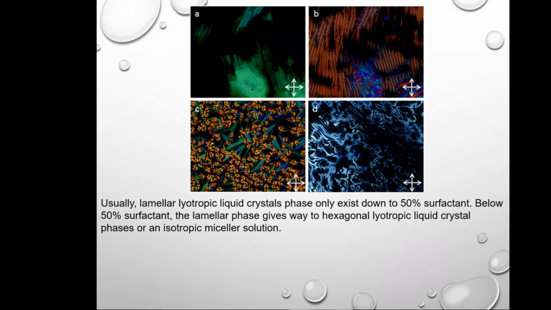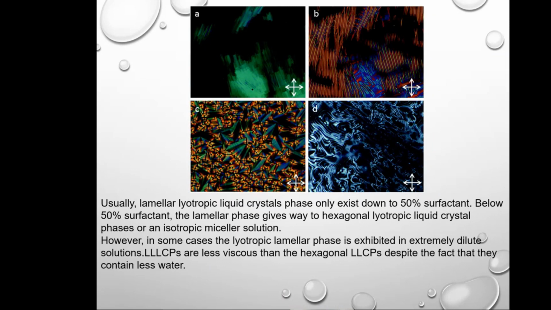So usually the lamellar lyotropic crystal phase exists down to 50% of the surfactant, and below 50% the lamellar phase gives way to the hexagonal lyotropic crystal phase, or isotropic micellar solutions. And here are some pictures taken in our laboratory of those molecules.